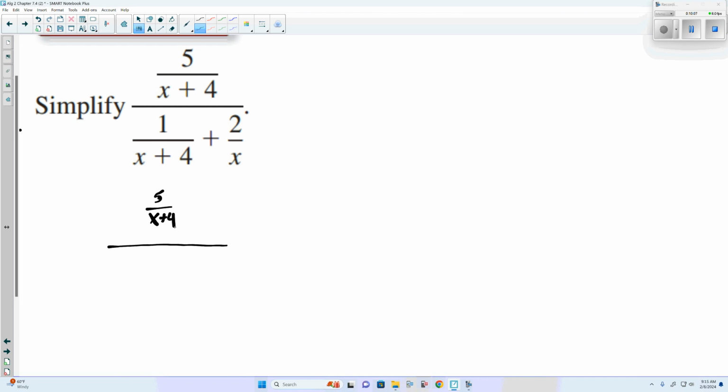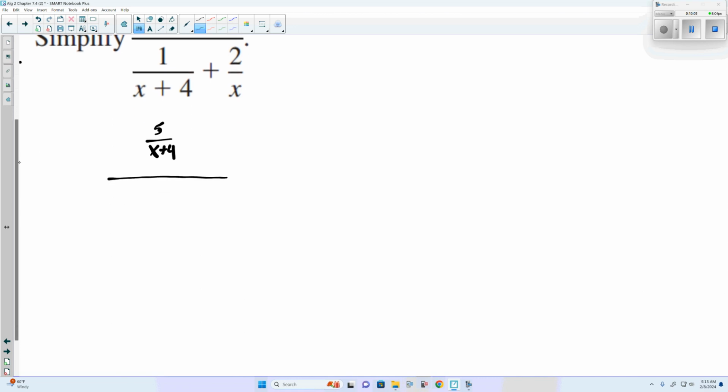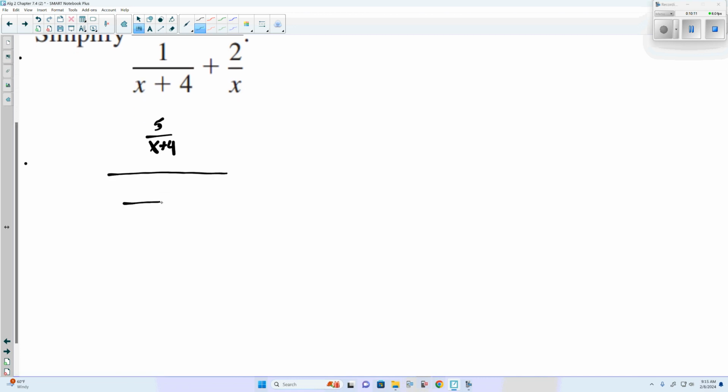We have 2. Now, of our 2 denominators, we're going to be doing exactly like we've been doing the last few days. We're going to add these 2 together to turn it into a single fraction. To do that, we need the denominators to be the same.